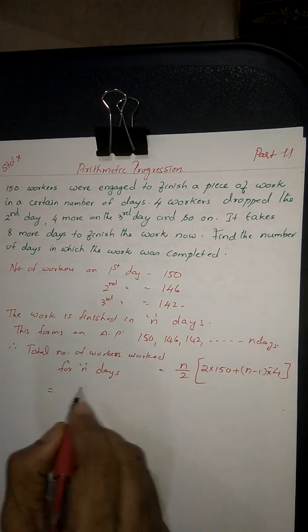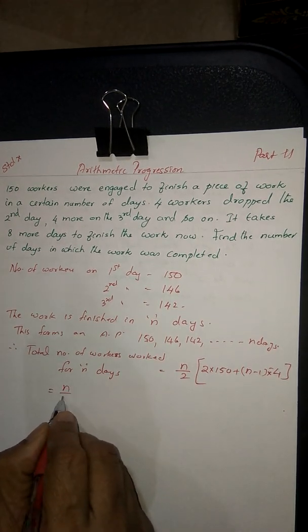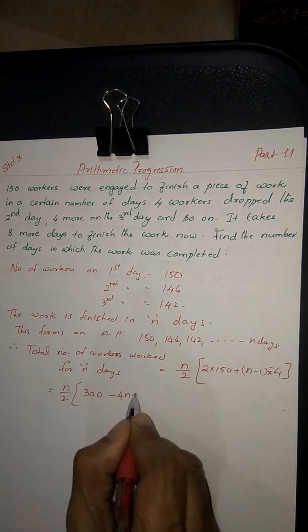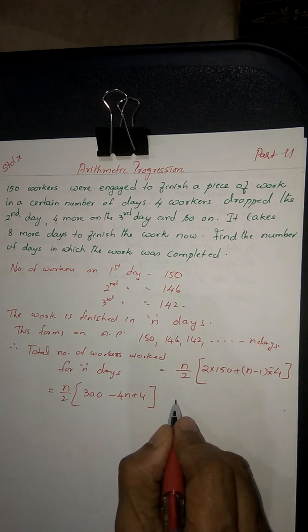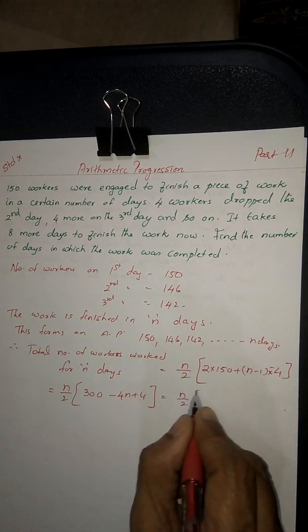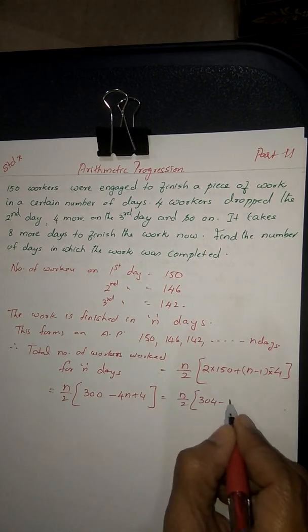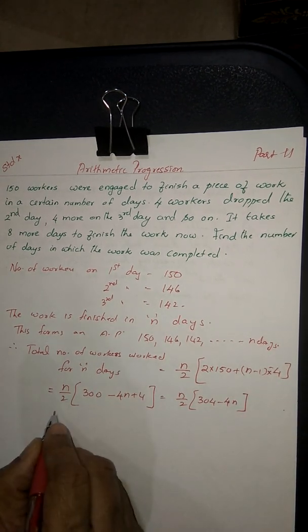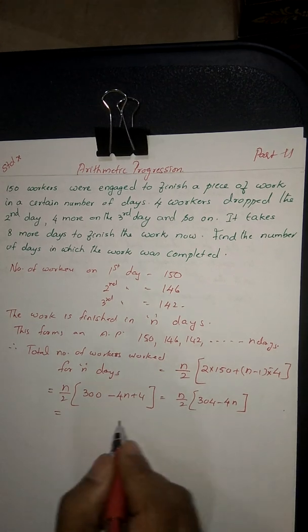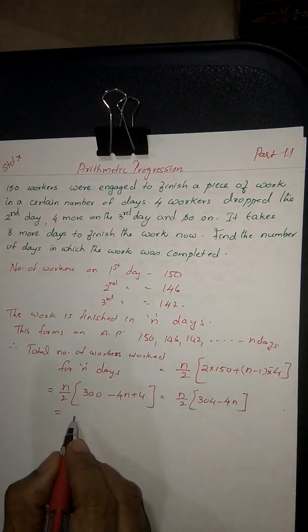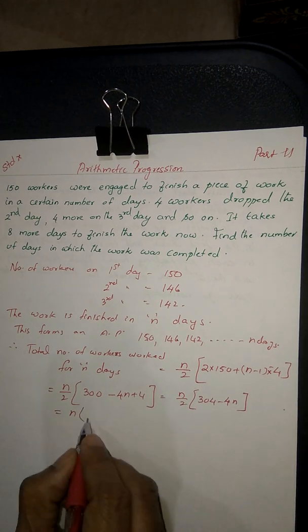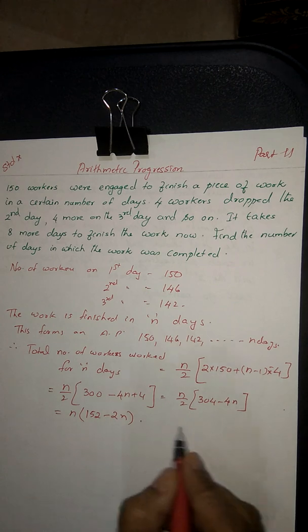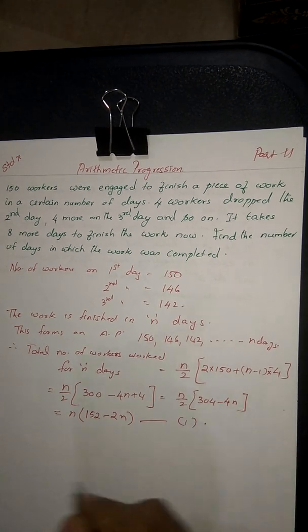So this is equal to n by 2 into 300 minus 4n plus 4, that is equal to n by 2 into 304 minus 4n. You can divide by 2 throughout, so it becomes n into 152 minus 2n. So this is equation number 1.